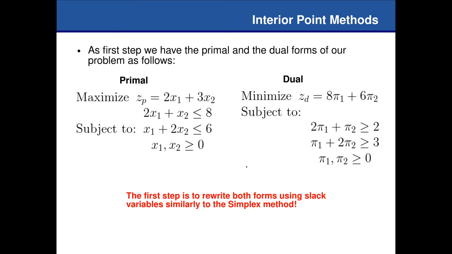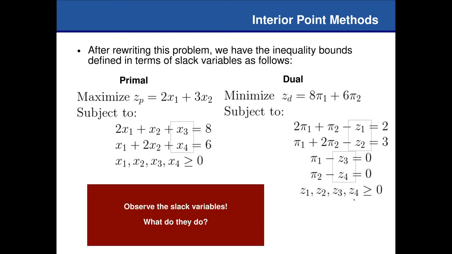In this chapter, the authors also decided to change the variables pi1 and pi2. What they did was exactly this. They decided to call pi1 as z3 and pi2 as z4.